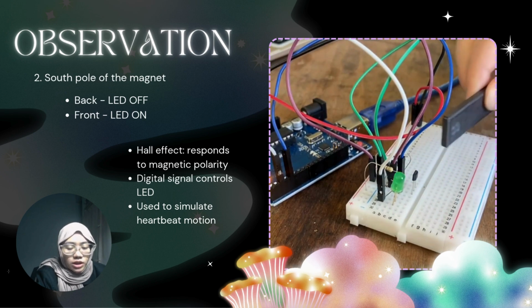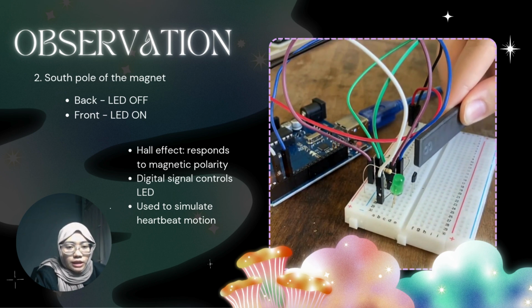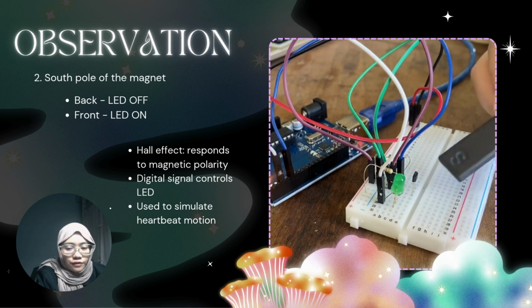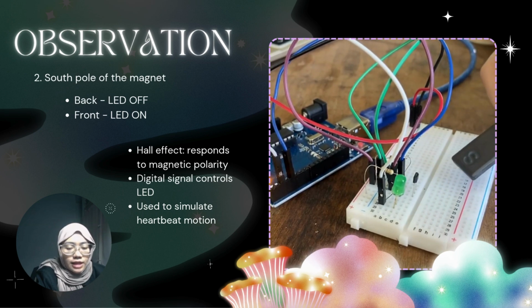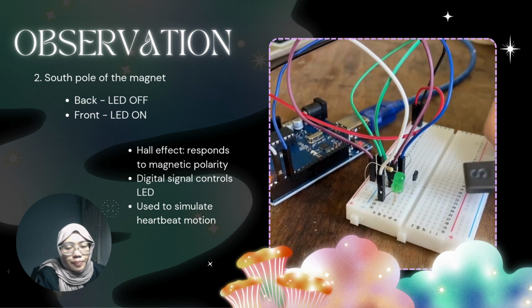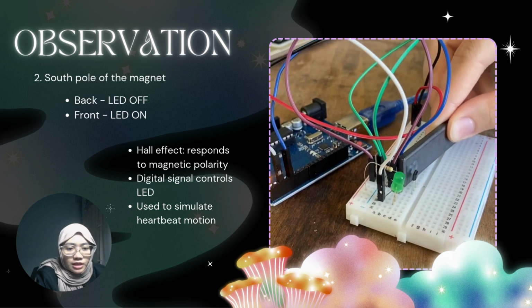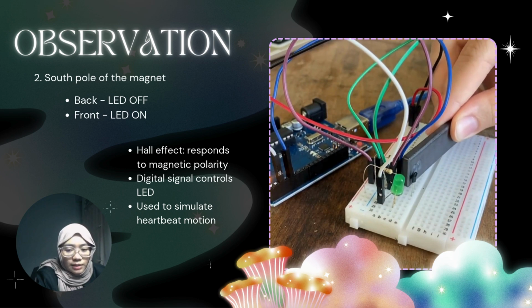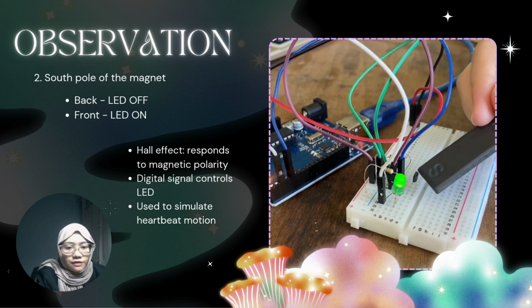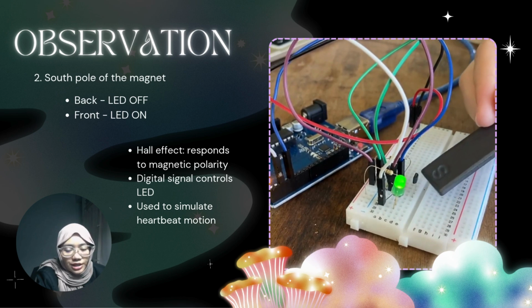The LED will turn on when we put the magnet at the front side of the sensor, and the LED will turn off when we put the magnet at the back side of the sensor, which means the sensor can detect magnetic polarity and give a different output depending on the direction.